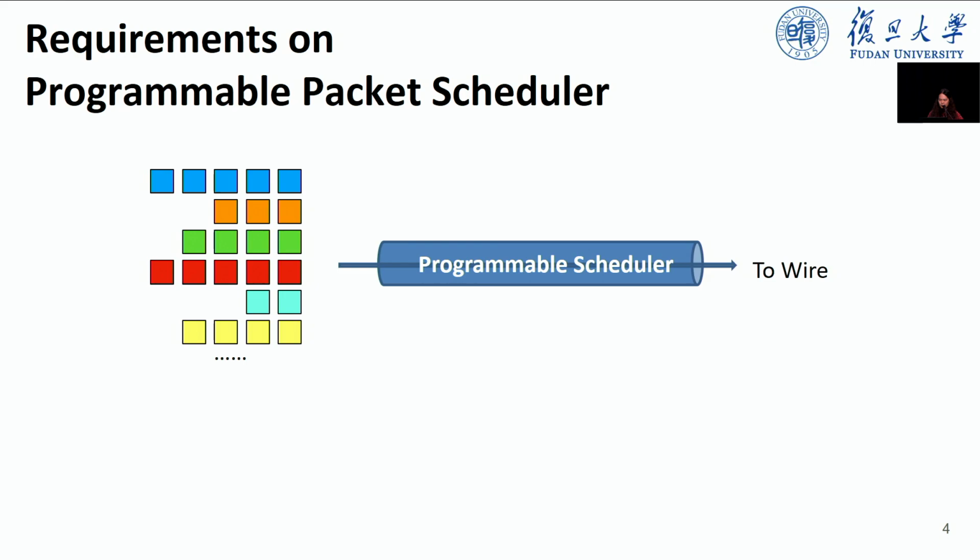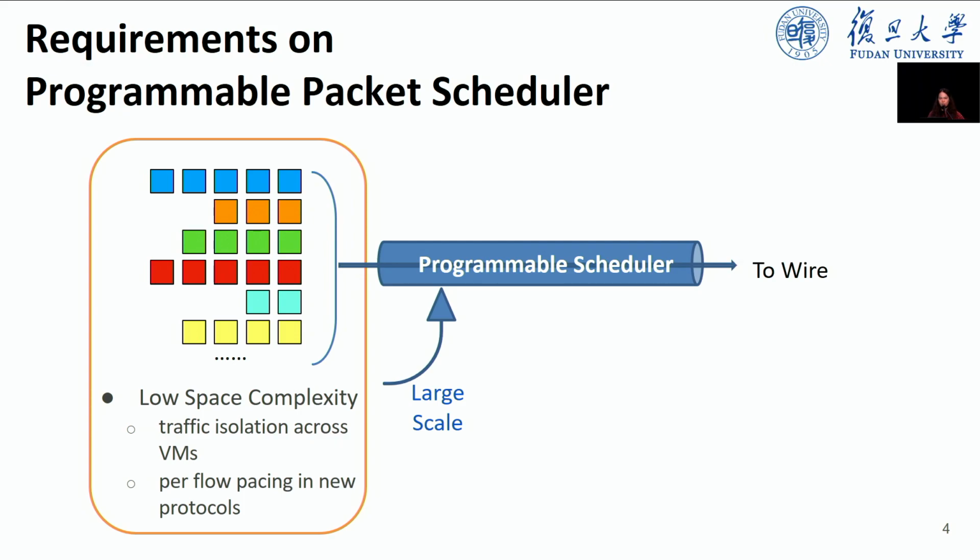Modern networks demand low time and space complexity on programmable schedulers. For one thing, the number of flows in the data center is growing explosively thanks to virtualization, so programmable packet schedulers are expected to be scalable enough to isolate and pace a larger number of flows.